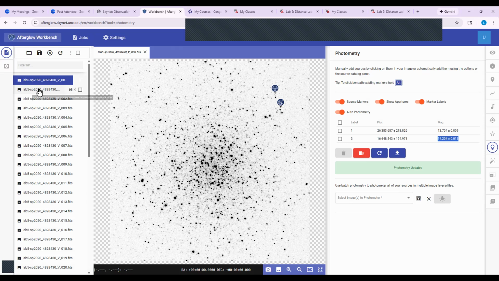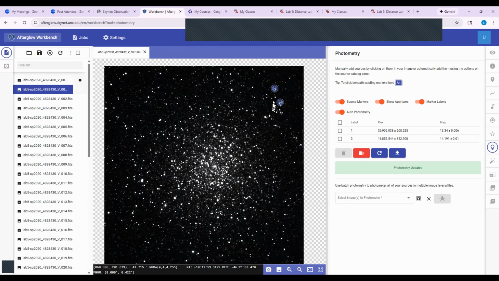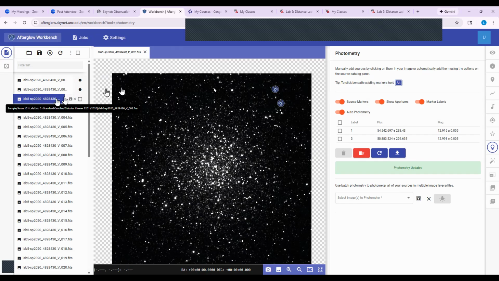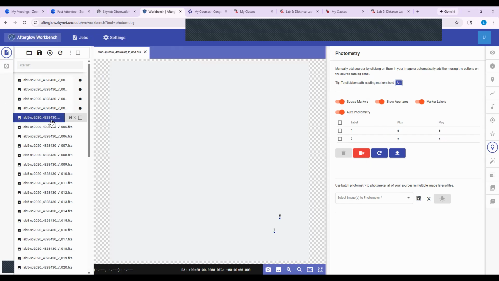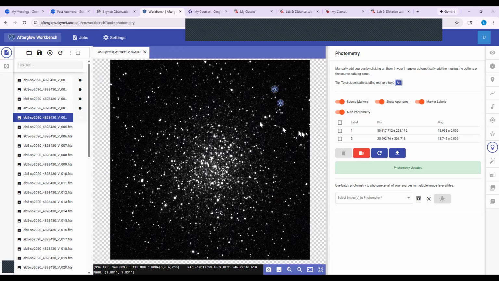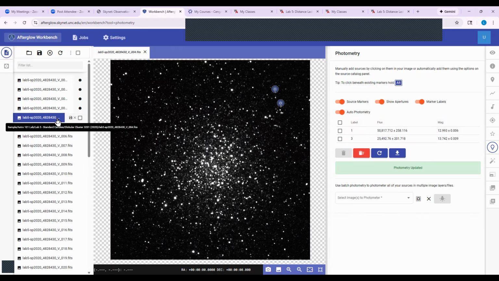If we click on the next one, you see this one is also identified, although we have to invert all of them. And this one is also identified. You don't need to repeat everything together. It takes time for the first one, but then you have all of them available here, and you mark all of them.